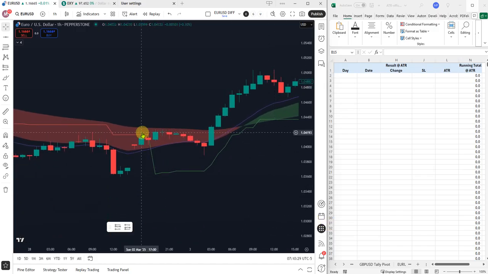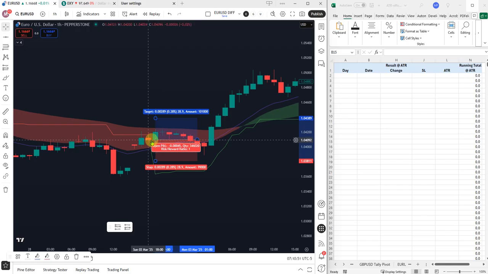So you can see it turn green on this candle, but we don't actually see it on the indicator until this candle starts. Okay? All right. So when that happens, when it changes from red to green, we're going to take a buy trade. And so we select our long position tool, and we're going to put that at the start of that candle.